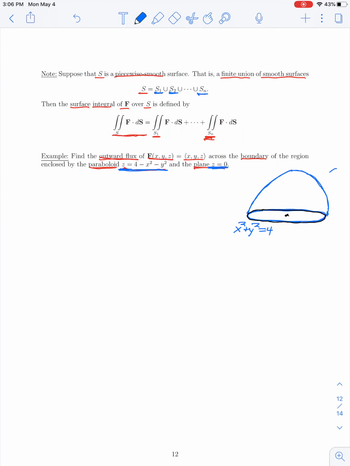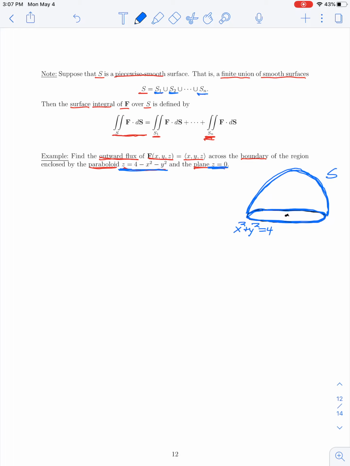So our surface S is this closed surface consisting of this top piece of our paraboloid, which lies above the xy plane, and the bottom disk, that is the part of the xy plane which lies within this disk of radius 2 centered at the origin.